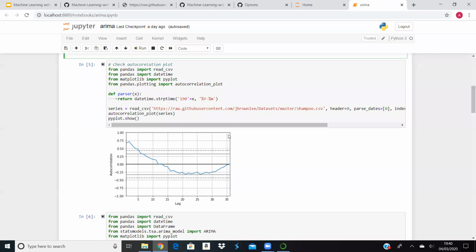Autocorrelation actually tells us about the correlation between the values of the same variable over a period of time. For example, here we are calculating the correlation between shampoo sales and shampoo sales across different periods of time. So does the shampoo sale in July 1902 depend on the shampoo sale of July 1901? That is what we want to see.